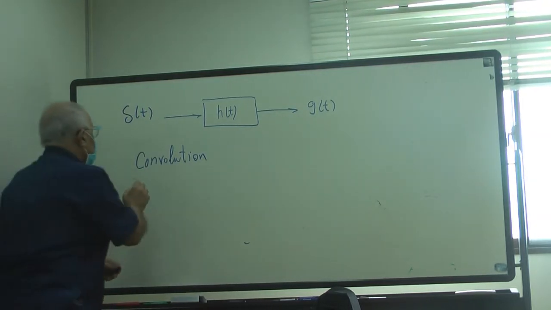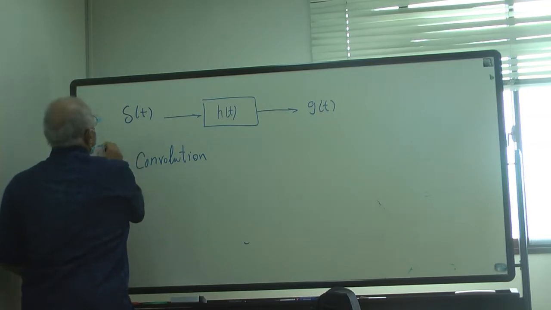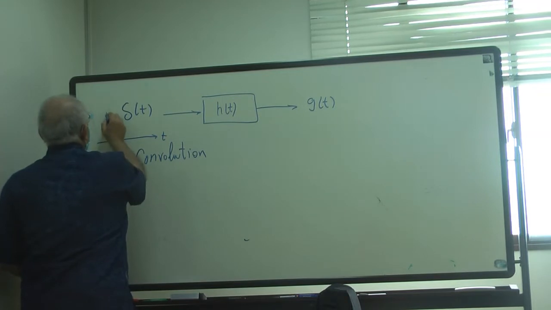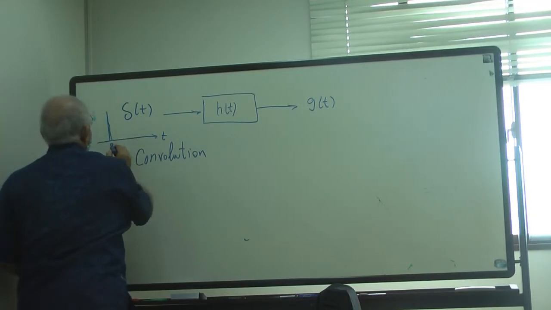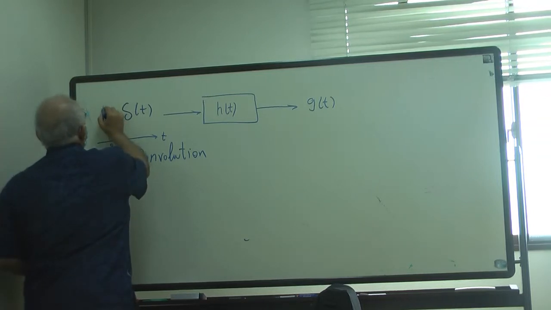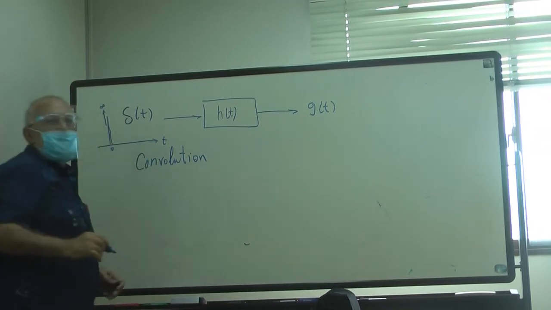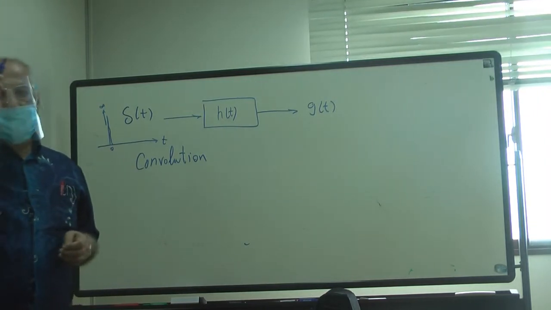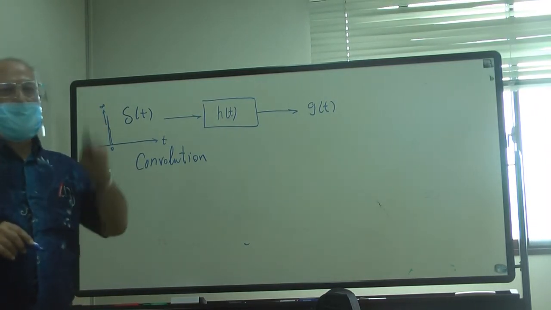The delta function is like this. Just at zero, there is infinite amplitude with energy of 1. So an impulse, that is an impulse.